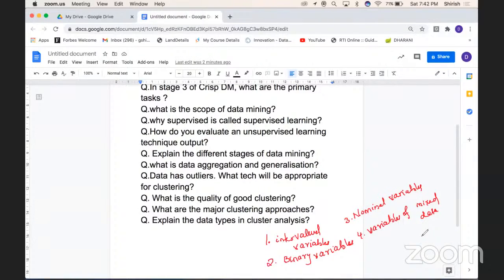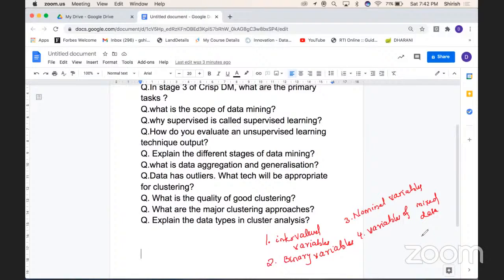So whenever you have binary, what method will you follow? If you can recollect, you have simple matching coefficient, binary Euclidean distance, Jaccard's coefficient. Simple matching coefficient measures the similarity between the records.